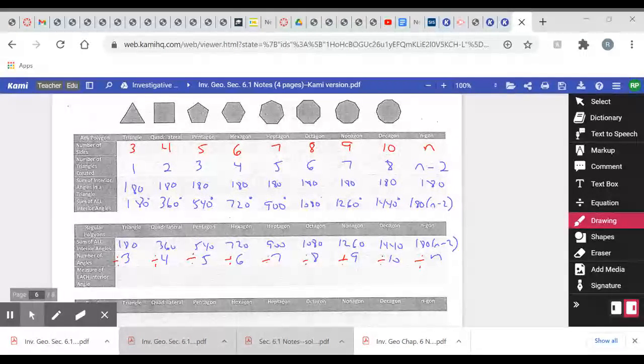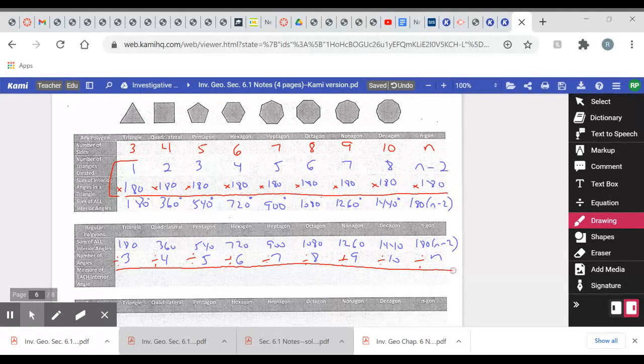Up above we multiplied, like 1 times 180, 2 times 180, 3 times 180, 4 times 180, and so forth. Down here, we're actually dividing to get the next row.